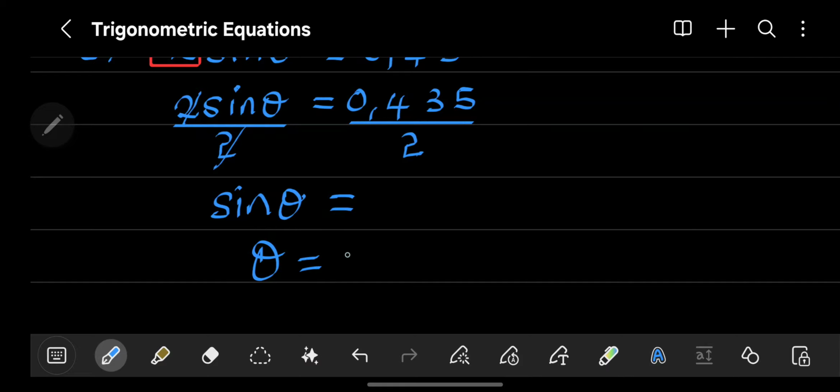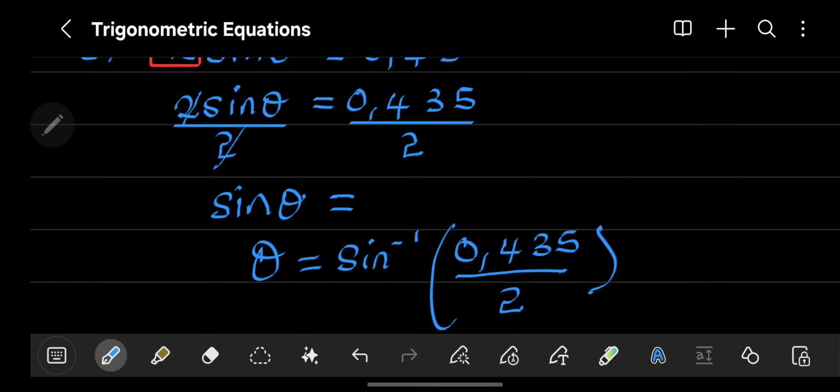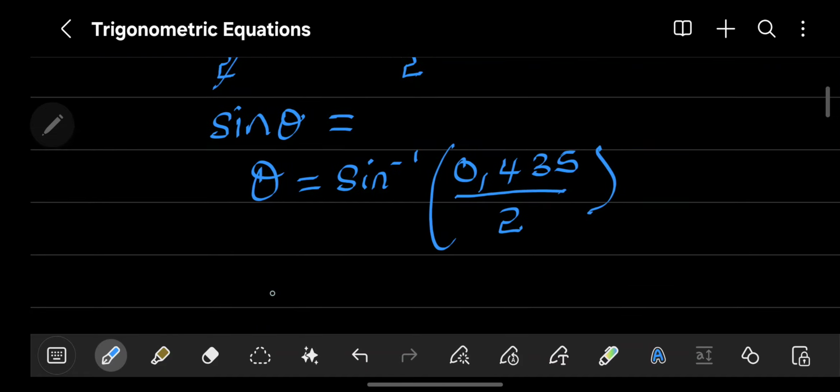We press shift, right? And then we just say sine. Then it will appear like this. Then you can put your 0,435 over 2. Then from here, you will get your answer. And your answer will be in what? In degrees.